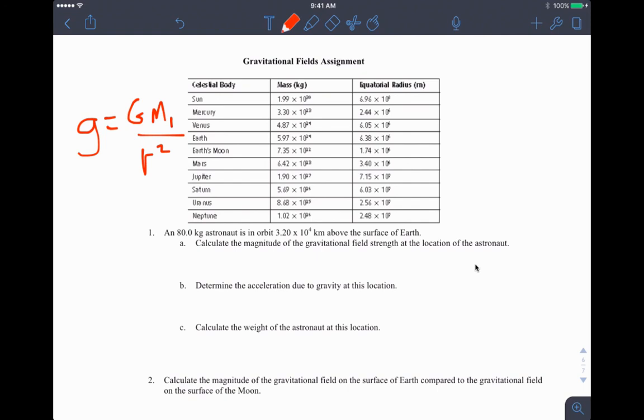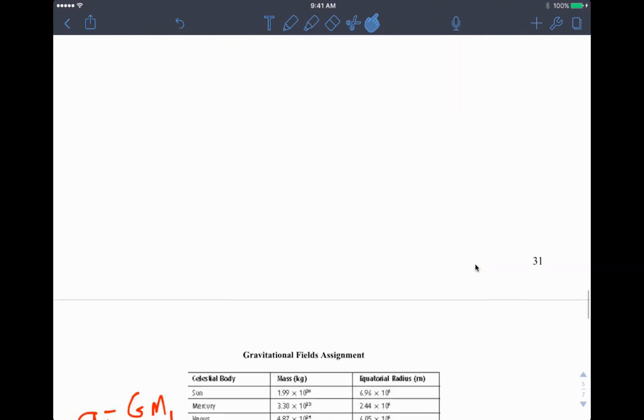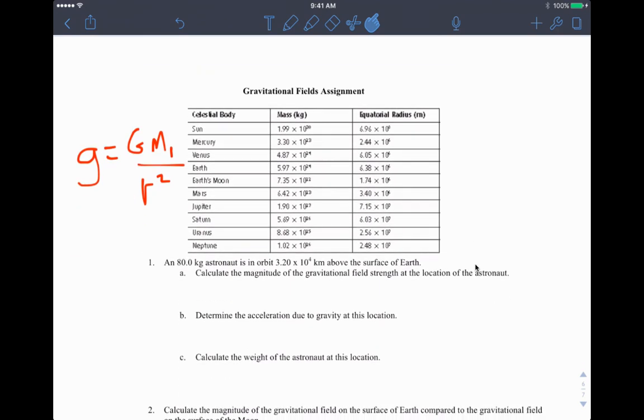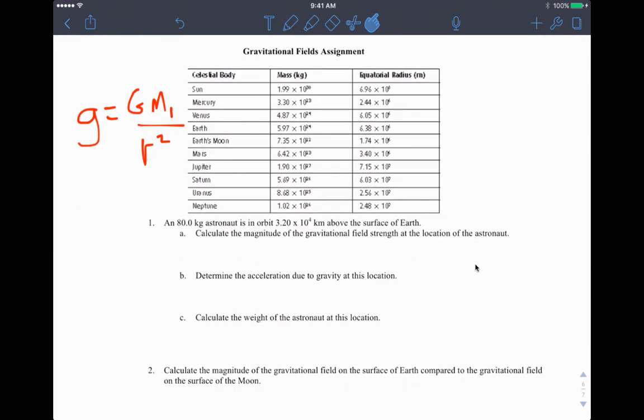To finish up this video, I may just quickly highlight question number 1 for you, and then I will let you do the rest of these as well. I'll come back to this middle section because we need to emphasize some more definitions there. In this case, there's an 80 kilogram astronaut in an orbit above the surface of the Earth.